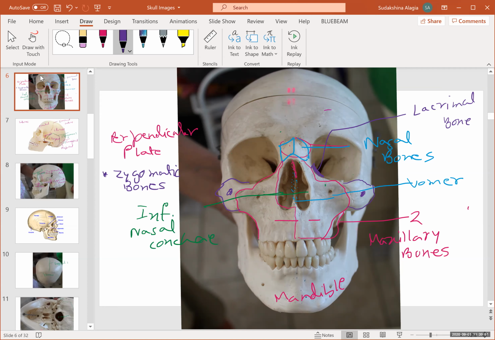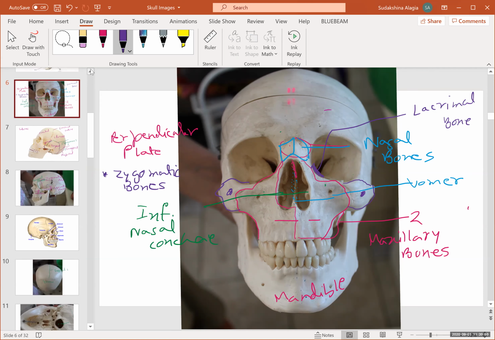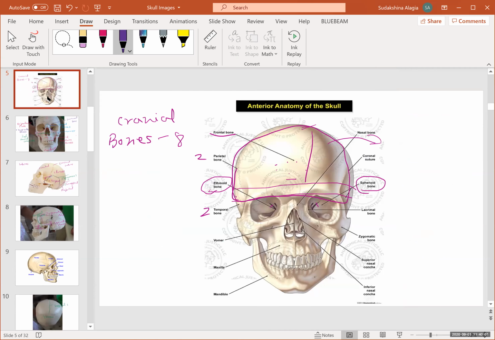You can see it on the left. You don't see it on the right. This kind of shows it, lacrimal bone. See?